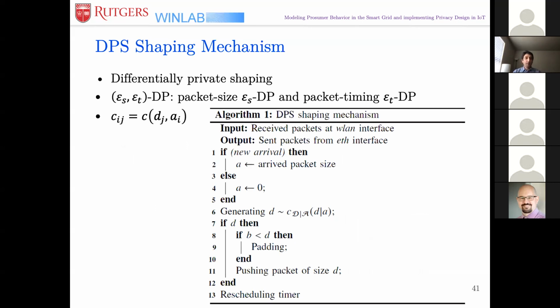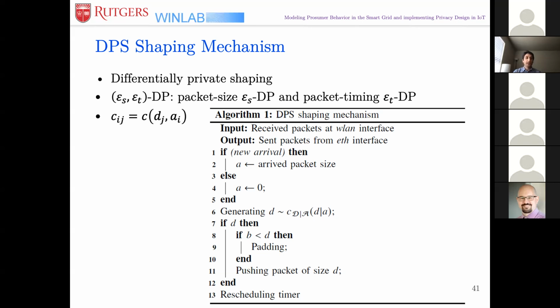The first implemented shaper based on theoretical design is DPS, the differential private shaper. It guarantees packet size epsilon S differential privacy and packet timing epsilon T differential privacy, for which the differential privacy measure holds for all packet size and packet timing adjacent streams, and it guarantees to disguise the packet sizes and timing information.